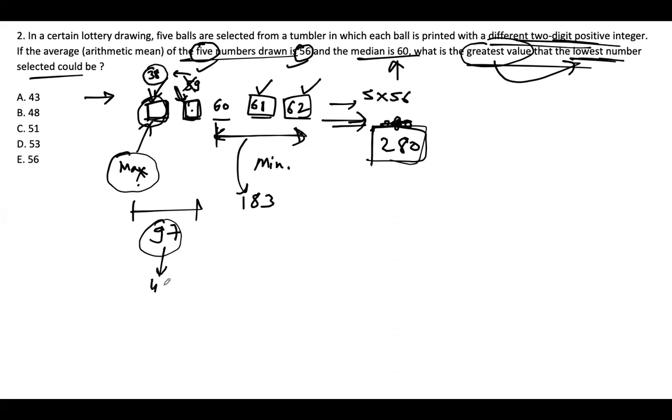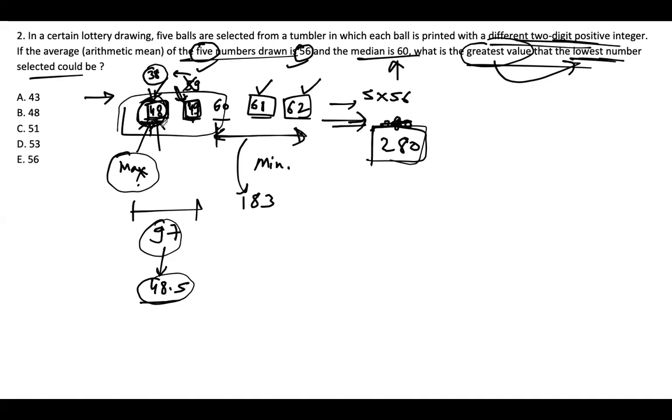You're dividing this into 2 equal parts. So the value of each part would be? 48.5. But as the 2 numbers need to be distinct, what can be the maximum value of this box? So 48. 48. So this will be 49. Is this point clear?